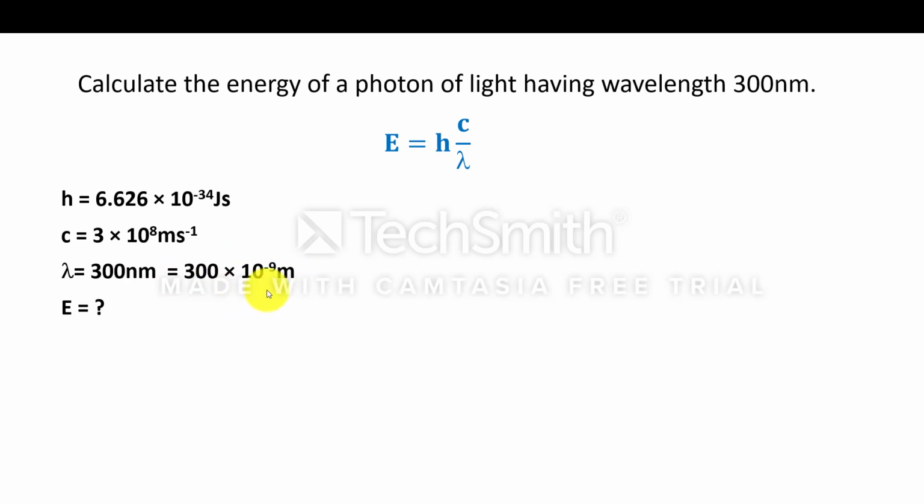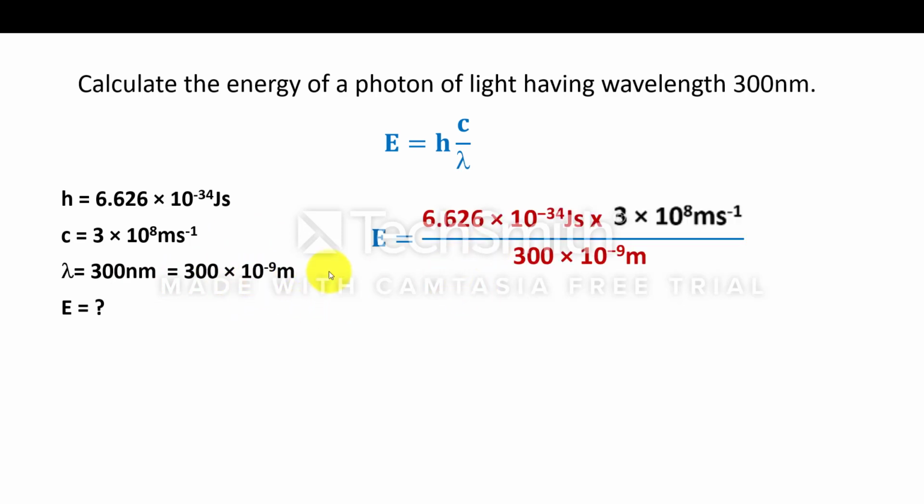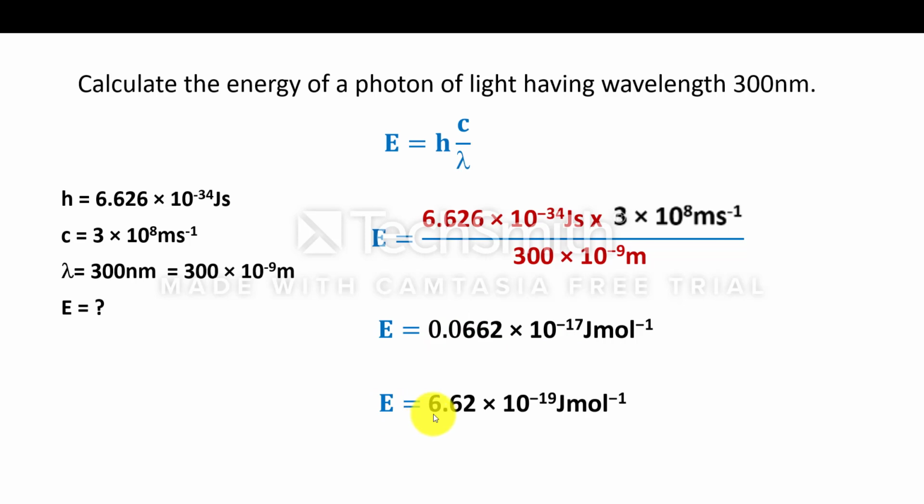Nano means 10 to the power of minus 9. Now on substituting these values, the energy will be equal to 0.0662 into 10 to the power of minus 17 joule per mole. This can be written as 6.62 into 10 to the power of minus 19 joule per mole.